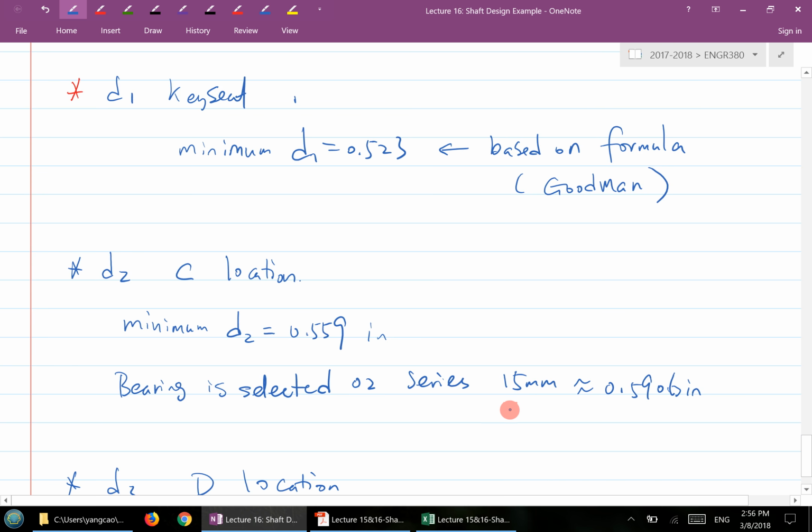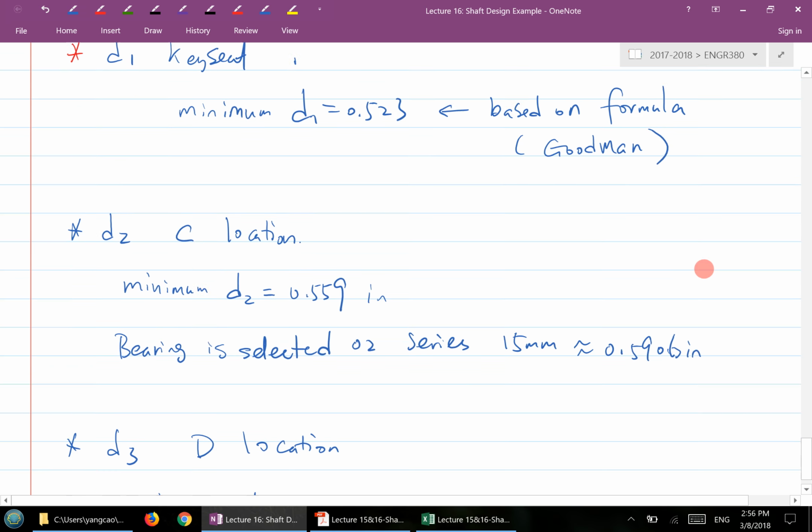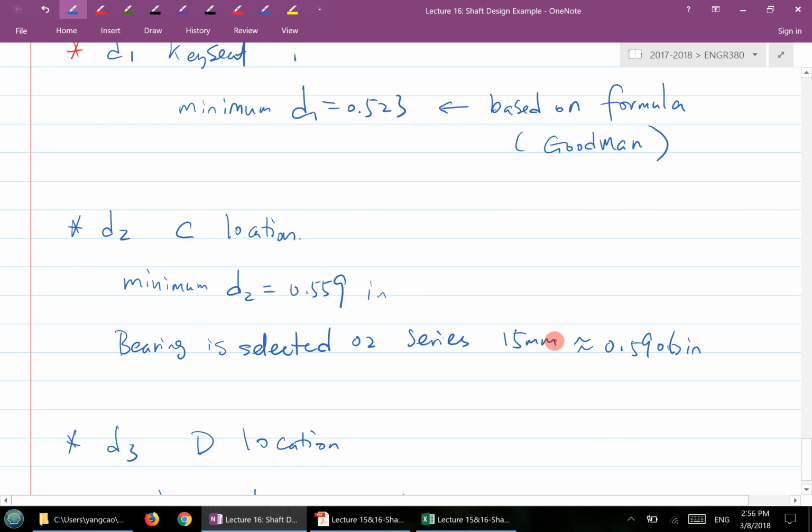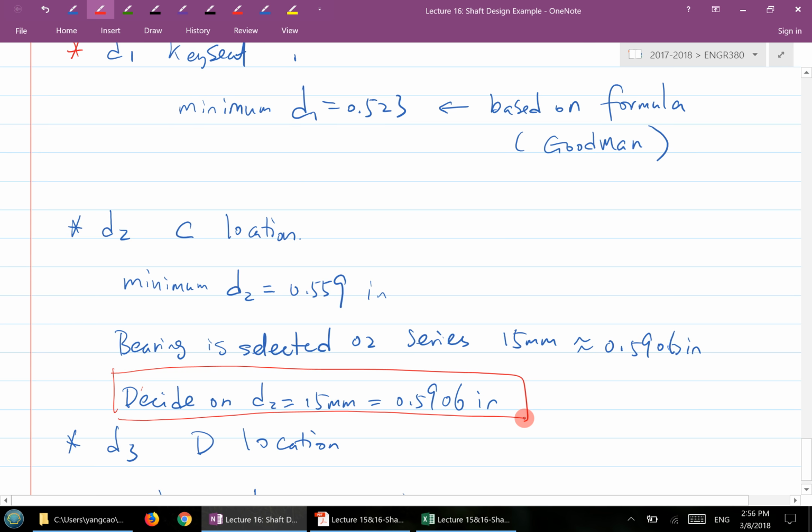For the shaft here, we will decide on D2 equal to 15 millimeter, which is 0.5906 inch. So that's a simple decision based on the bearing selection.